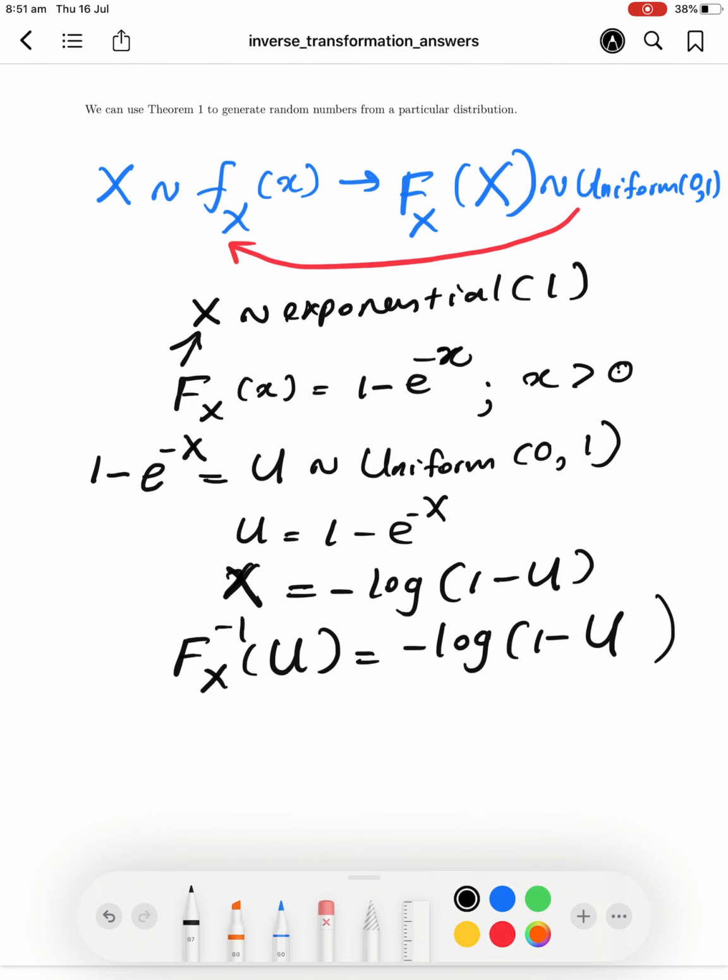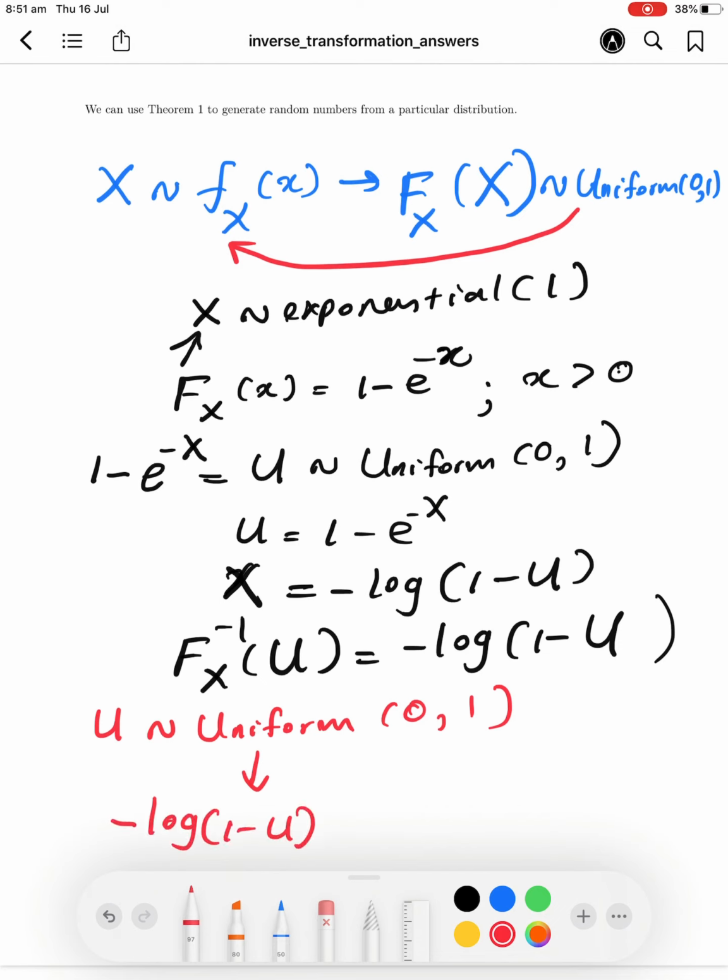Then our theorem implies that if U follows a uniform distribution with parameters 0 and 1, then minus log(1 minus U) follows an exponential distribution with parameter 1.